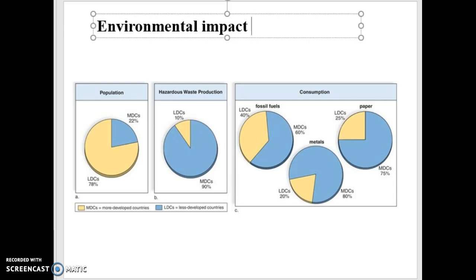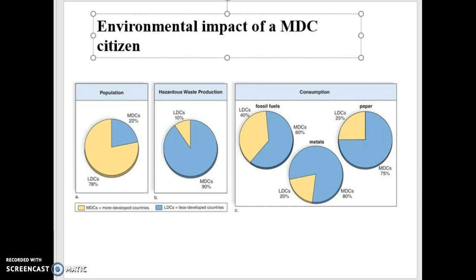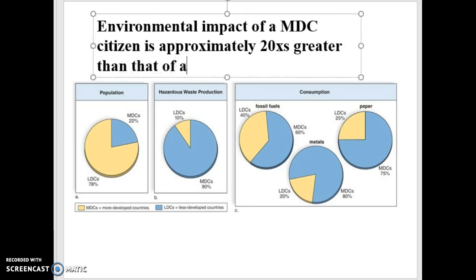The environmental impact of a more developed country, MDC, citizen, is approximately 20 times greater than that of a less developed country's citizens.